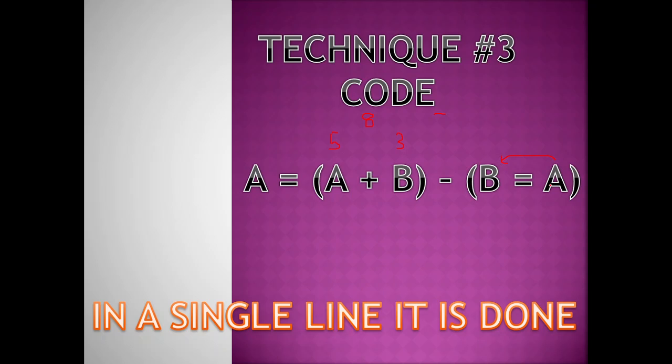What is the value of a? As per it, it is 5, and 5 is moved to b. Now the b value has become 5. Let me clear this. It is 5 now, and 8 minus 5 is 3. This is one such technique. In a single line, it is possible to interchange the values of any two variables.